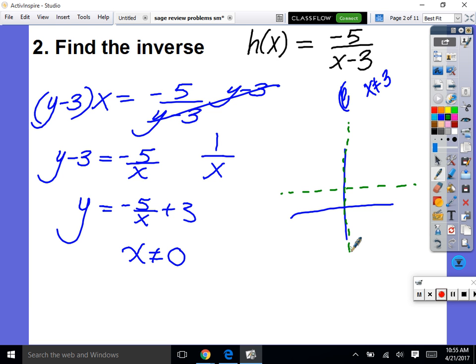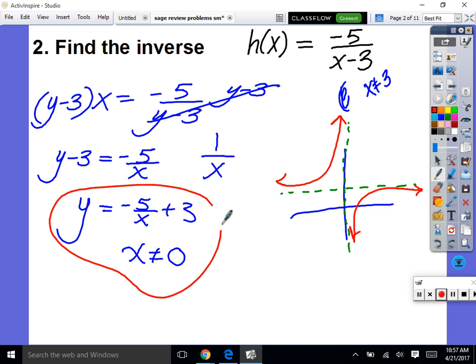Oh, wait a minute. Geez, I'm struggling. So this is what our graph would look like. Our restriction would just be x cannot be 0 because it will eventually be pretty much 3. 3 is fine. So this would be our final answer.